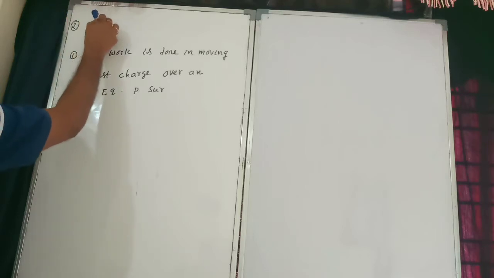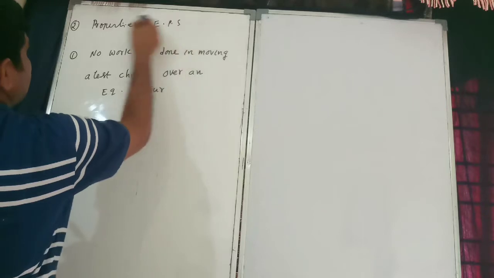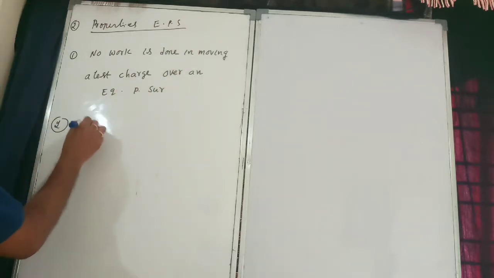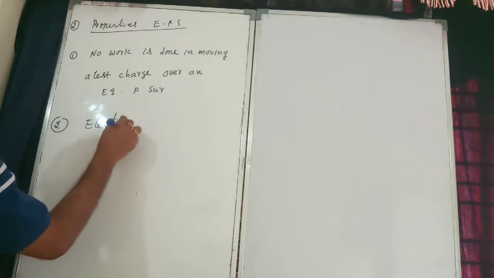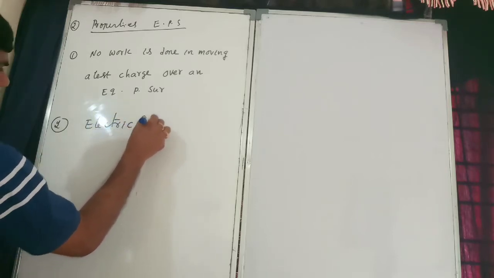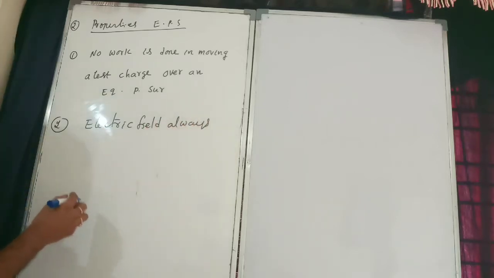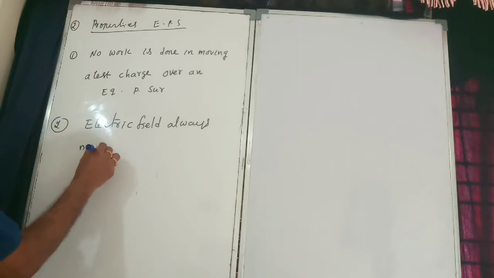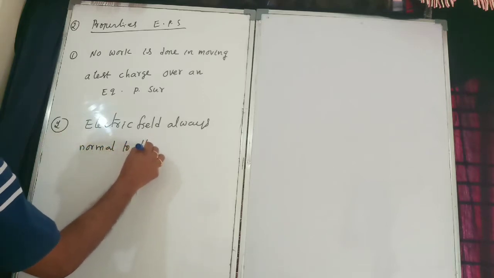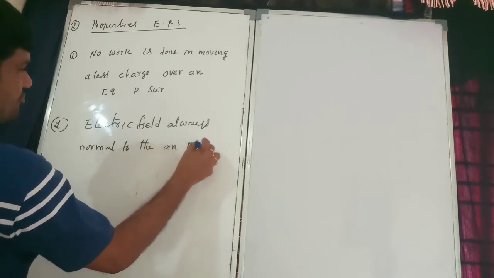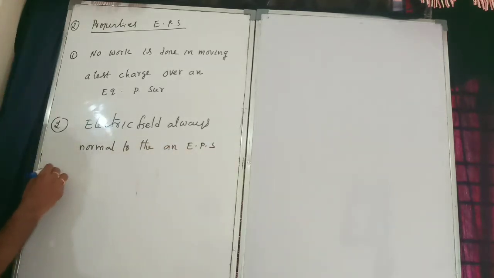This is the property of equipotential surfaces. And the second one: electric field is always normal to the equipotential surface. Okay.